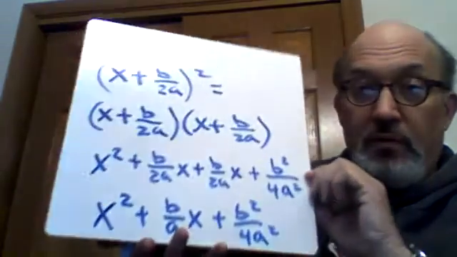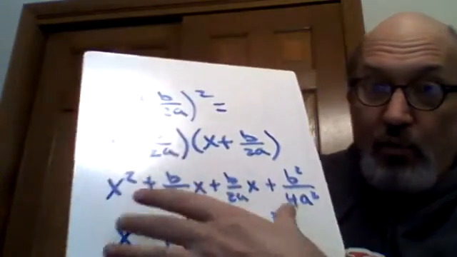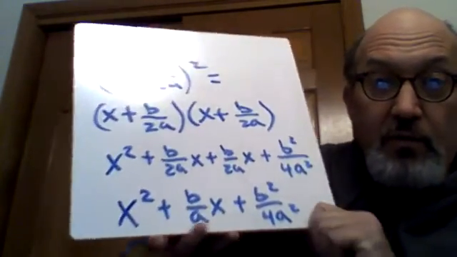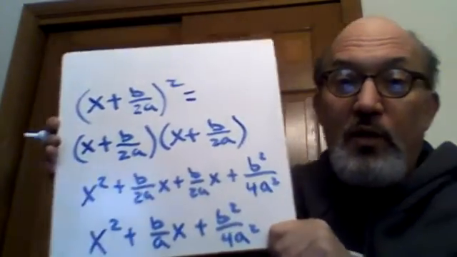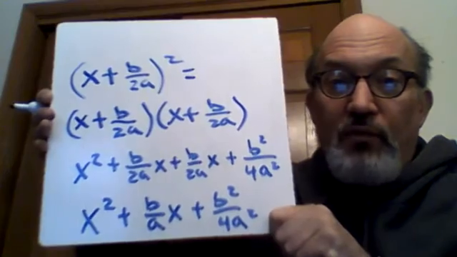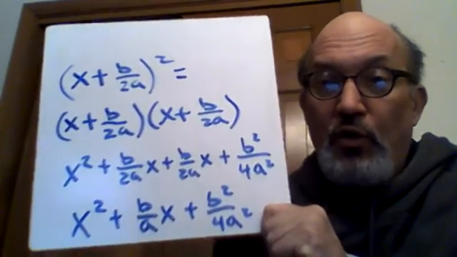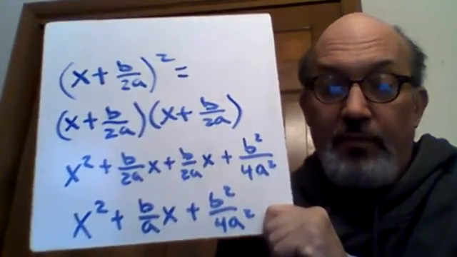The 2's can cancel, leaving us with b over a times x. And if you look back in the derivation, this is the perfect square trinomial that we created right there, and we factored it as (x plus b over 2a) squared. So pause the video if necessary. Make sure you're good with all the steps so far.